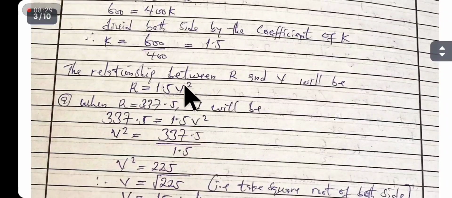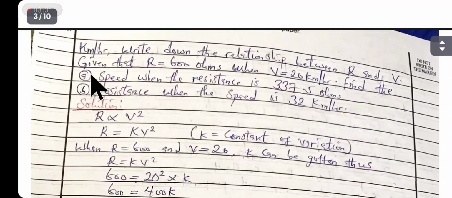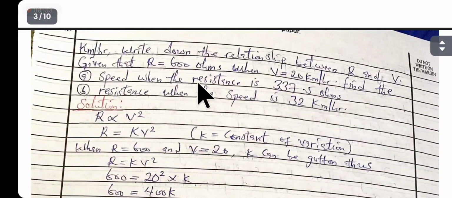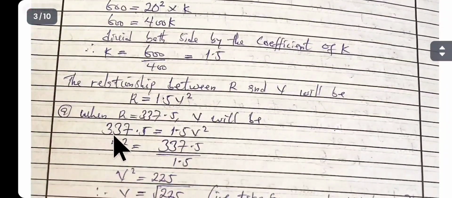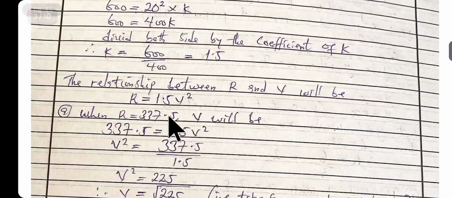So now they ask us to find the A part. We should find the speed when the resistance is 337.5 ohms. Now if you are looking for the speed when the resistance is given to be 337.5, our relationship between R and V is established already. R is equal to 1.5 V squared.